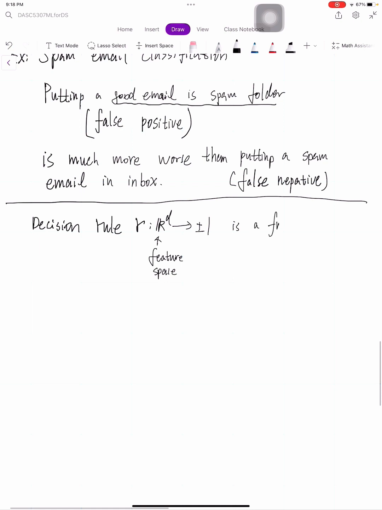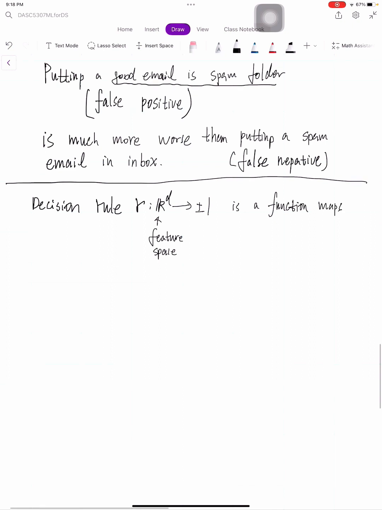It is a function that maps D-dimensional feature vectors into two classes, one or negative one. Let's say binary classification first. In the future, we're going to cover multiple class classifiers.